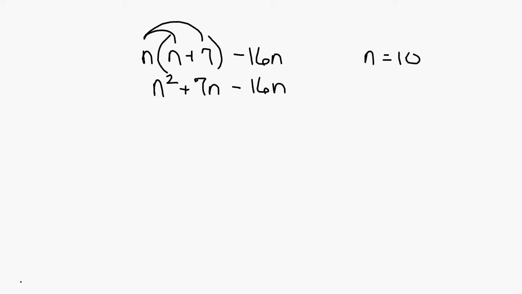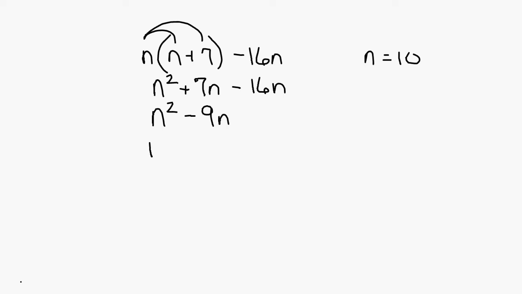All right. So now you can combine the 7n and the minus 16n, but anything with an exponent gets written first in your answer. So you've got n squared, and then 7 minus 16 is minus 9n. Then you substitute.